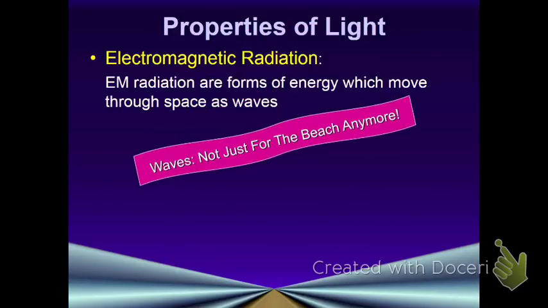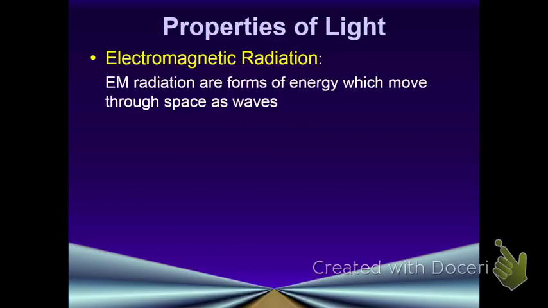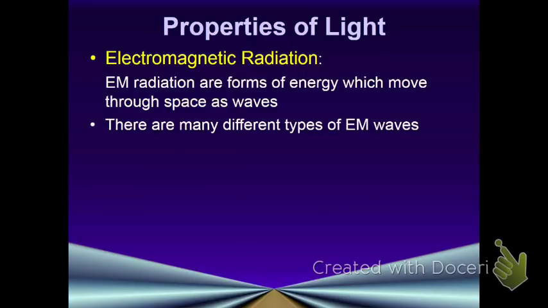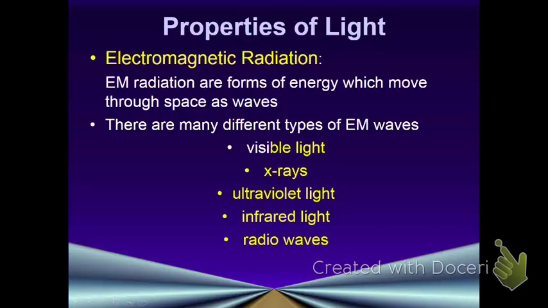There are several types of electromagnetic radiation. Some of them are visible light, which is what we can see, colors of the rainbow. X-rays, of course, that's what if you have a broken arm and you go get an X-ray machine. We've got ultraviolet light, that's what gives you a sunburn. You have infrared light and radio waves. There's others, those are just a few, and we're going to see the spectrum in a minute.